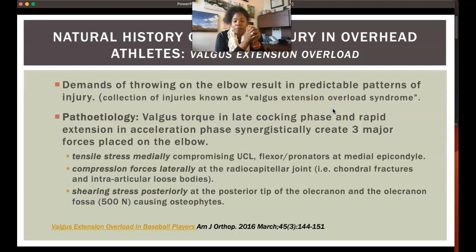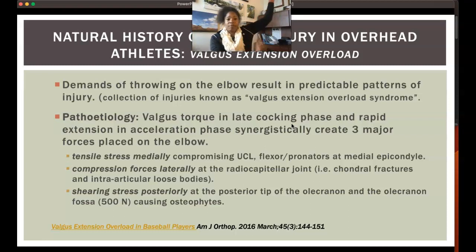And so when we think about the etiology of this, most often it's from a massive amount of valgus load in the late cocking phase. Essentially, I cock, I get massive overload, and then I throw the ball, and my elbow goes into rapid extension as I release. So we have three major forces being applied at the elbow.